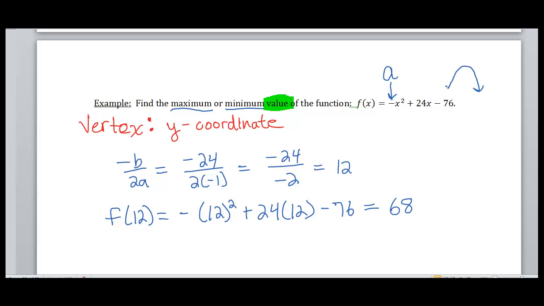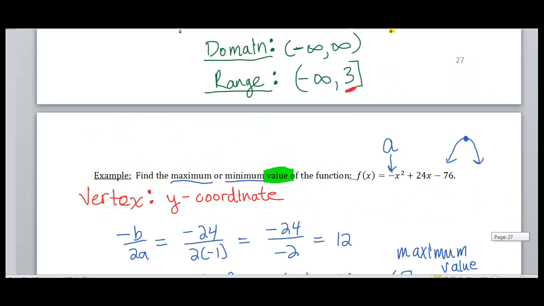So since that is negative, I know that my parabola is going to open downward. And since it opens downward, my vertex is going to be a maximum. So my maximum value is 68.